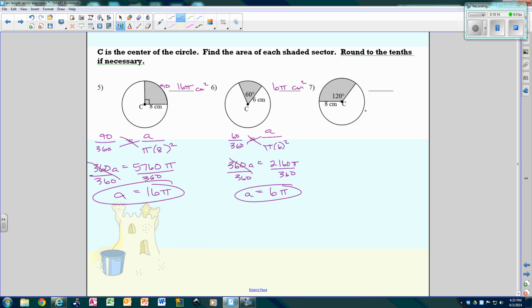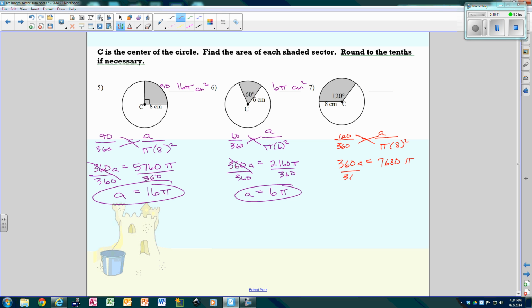Okay, last one. So now we've got 120 over 360 equals the area of the slice over pi r squared. 360 times a is 360a. Now I've got 120 times 64, which is 7680 pi.